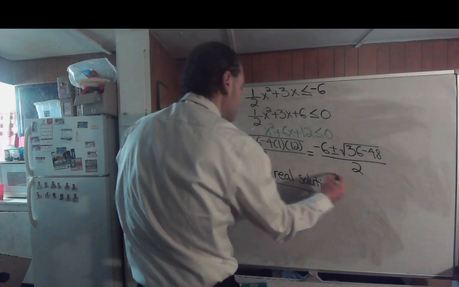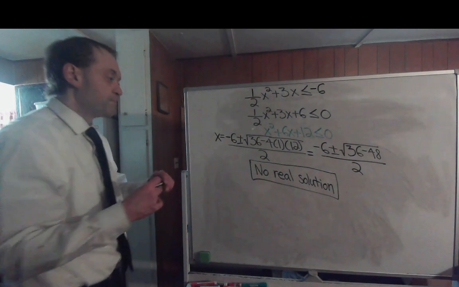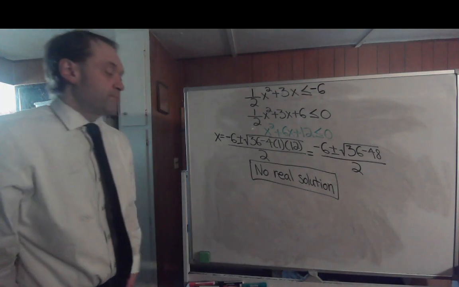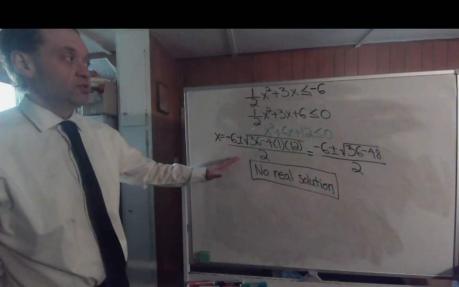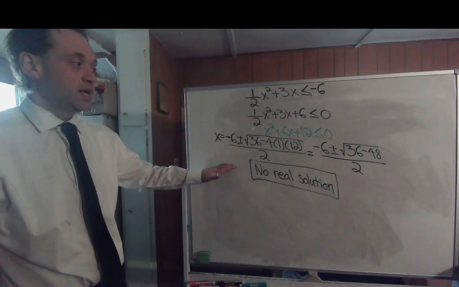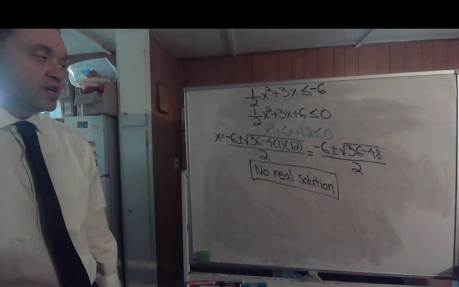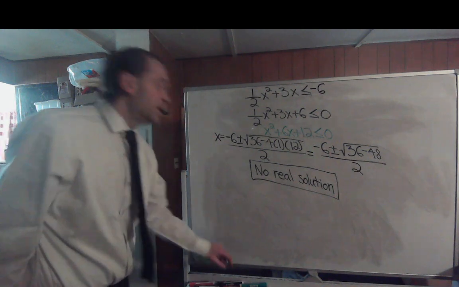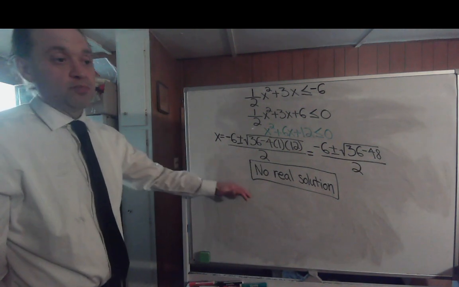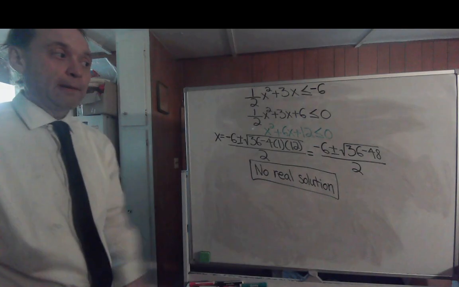There is no real solution to this for the inequality. Now obviously I could just get the equality part and it would be imaginary, but we're concerned with also the less than component, so there's no real solution.